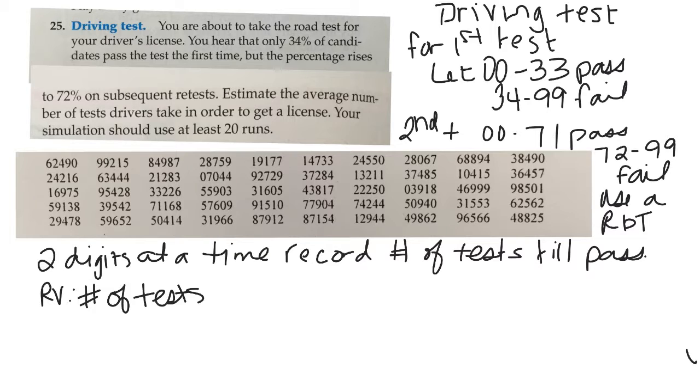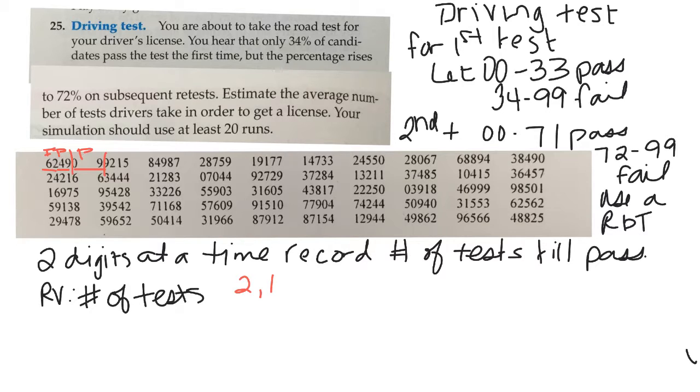So for the first one, 62. On the first test, is that a pass or a fail? That's a fail. And 49 is the second test, which is a pass. So our first trial is 2. It took 2 tests to pass. Okay. Our second trial is 09, which is a pass.